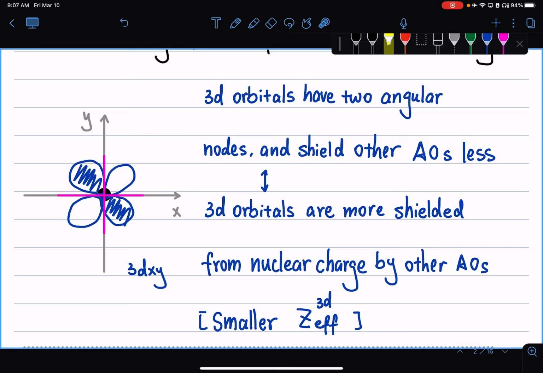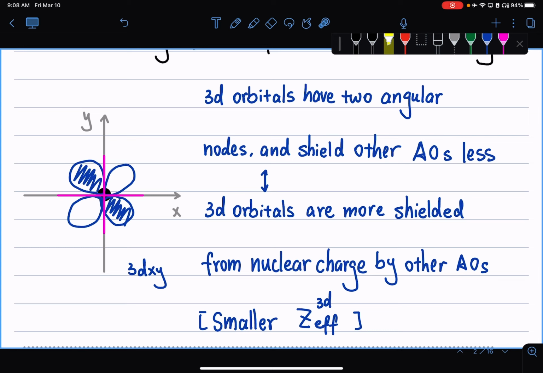So the fact that 3d atomic orbitals have 2 angular nodes means they're going to shield the other atomic orbitals less. In comparison, s atomic orbitals, which are just spherical in shape, don't have any angular nodes. So the s atomic orbitals will shield the nuclear charge more compared to other atomic orbitals.